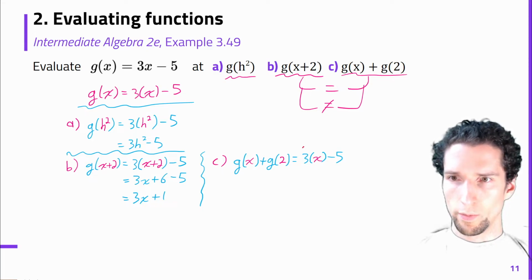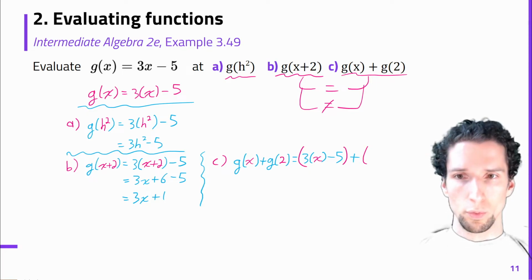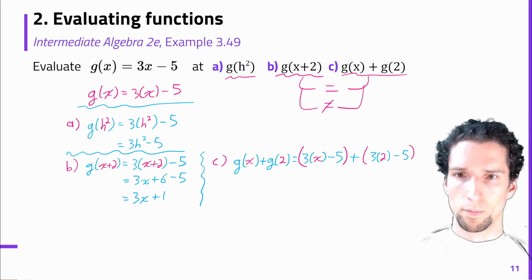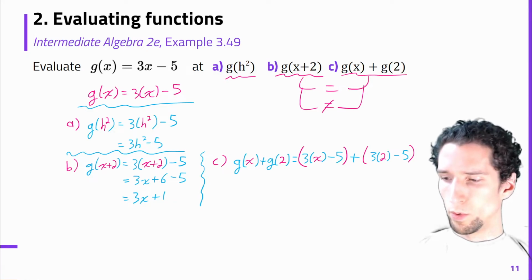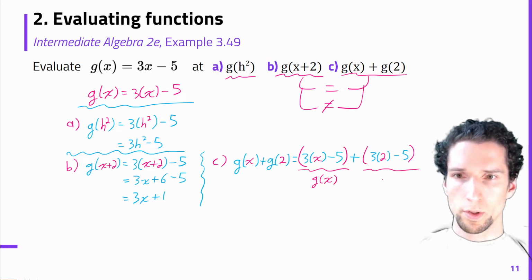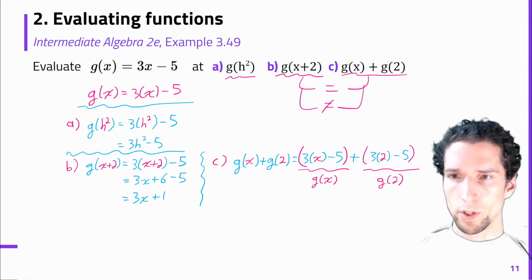That's the g of x part there, and all of that plus, then again, we will have our g of 2. So that is 3 times 2 minus 5, like this. So this one here is representing g of x, and this one here is representing g of 2. So we have the function twice there.